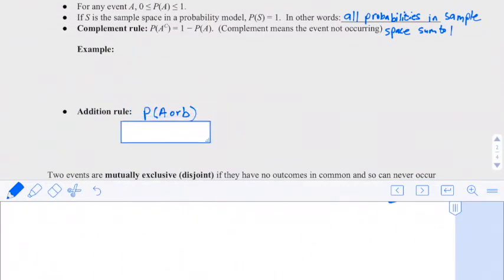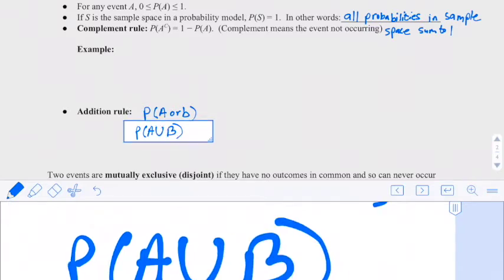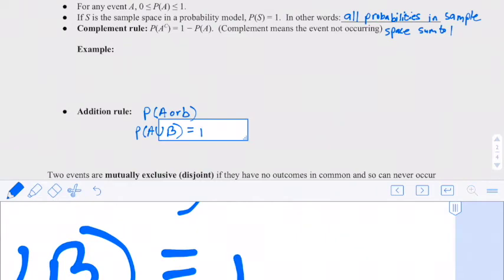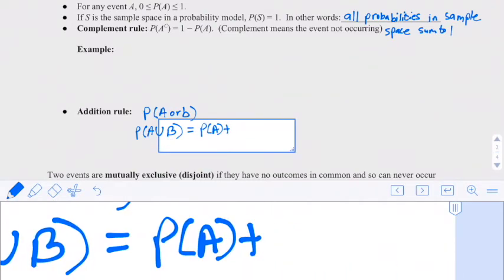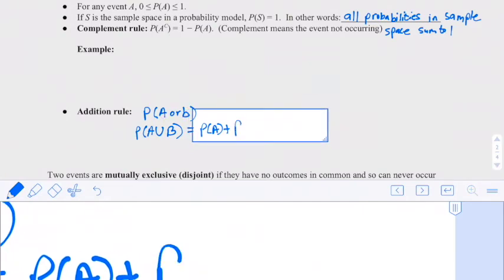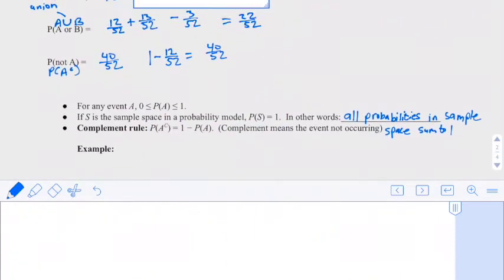So we have the probability of A or B. And this is the probability of A plus the probability of B. But remember, some of those get counted twice, because remember when A and B happen at the same time?